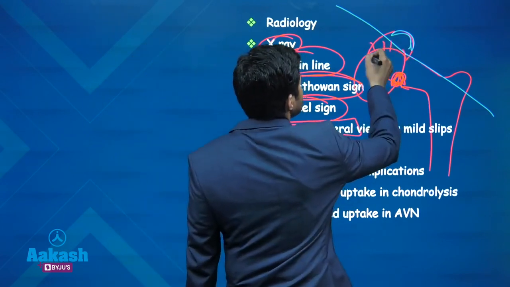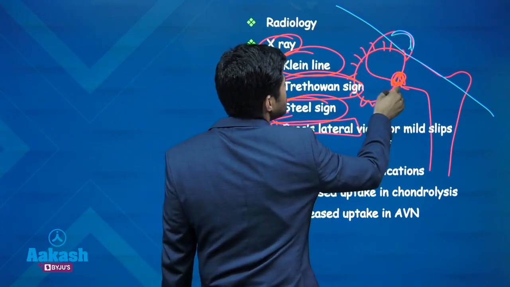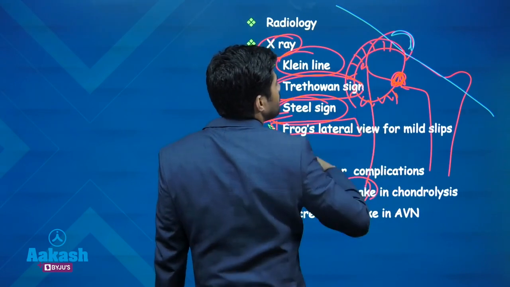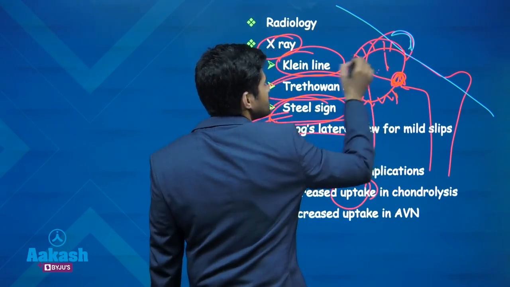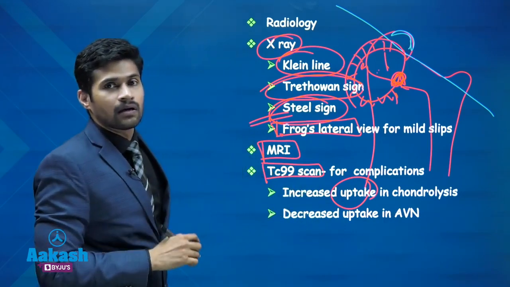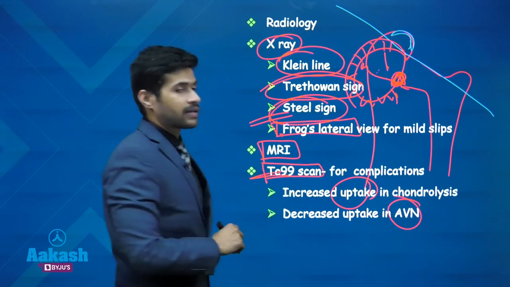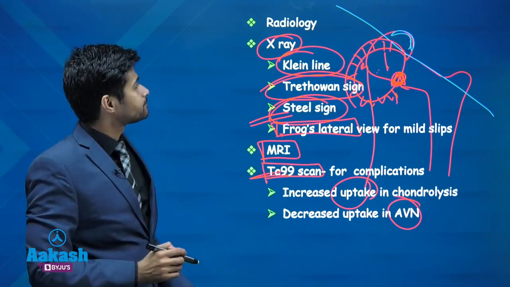If there is chondrolysis, that means regeneration of the cartilage, then there will be increased uptake. But if there is decreased uptake, that means there is less blood supply in this area. So hip is going into AVN. So that is the use of technetium-99 scan, right?